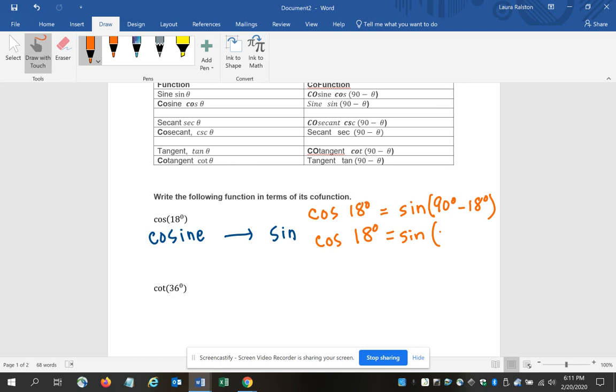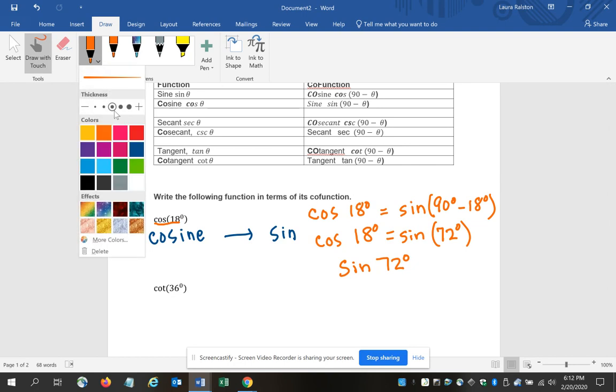And so 90 minus 18 is 72. So my cofunction for this problem would be the sine of 72 degrees, because I have cosine and sine. Those are the two that go together. All right, looking at the next one.